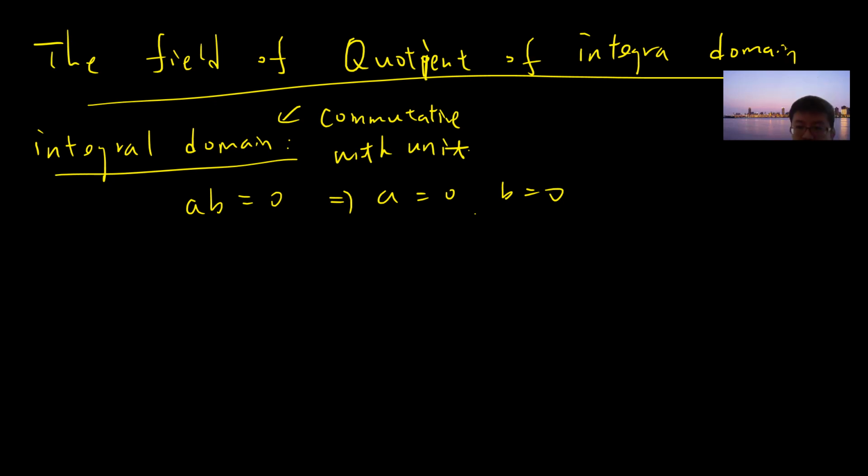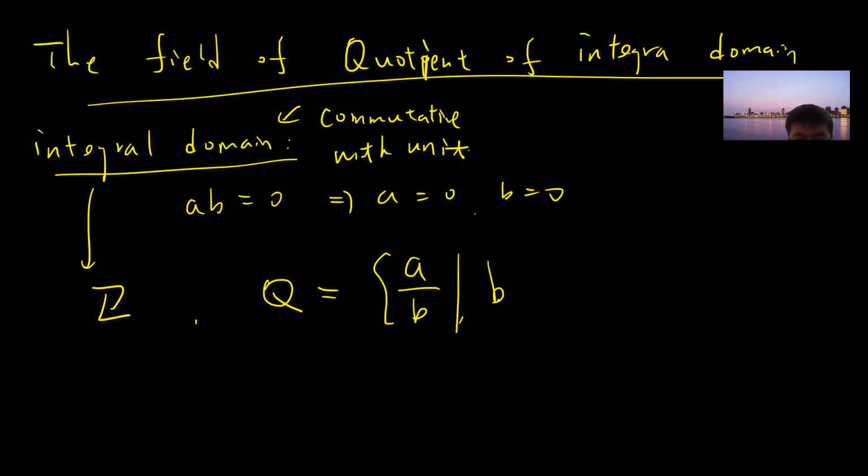Let's see an example, which should be easier. Let's take the common integral domain, the integers. How about we define another set called Q, defined to be a divided by b, such that b is non-zero, and a, b belong to the integers.